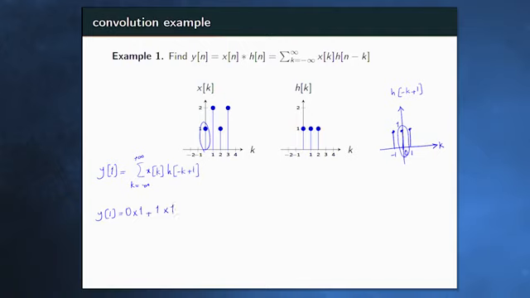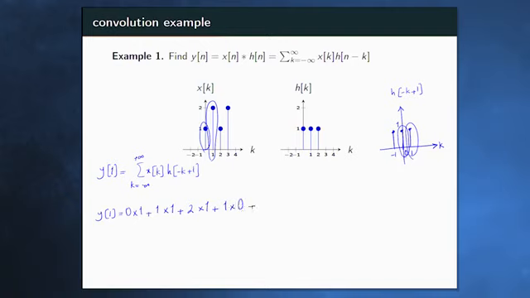So 1 multiplied by 1, plus for k equal to 1, I have 2 from x of k, and I have 1 from the shifted h of k. All right, so that's that. Plus, for k equal to 2, I have 1 from x of k, and I have 0 from h of negative k plus 1.